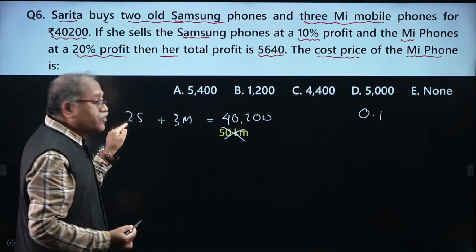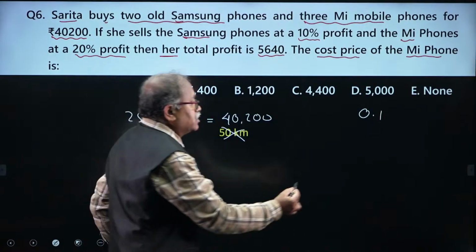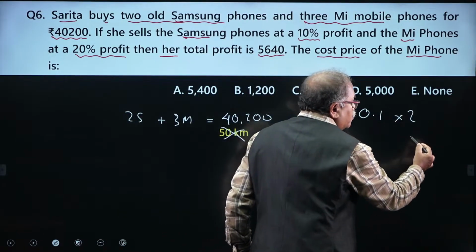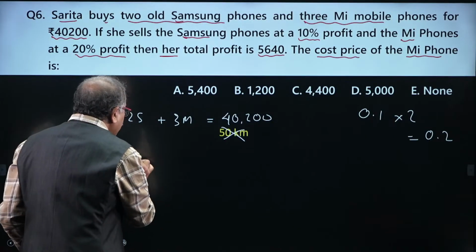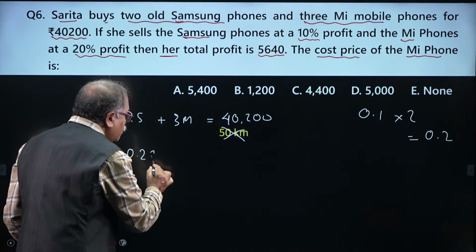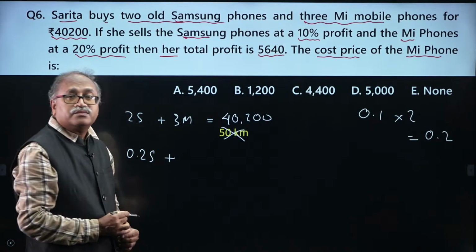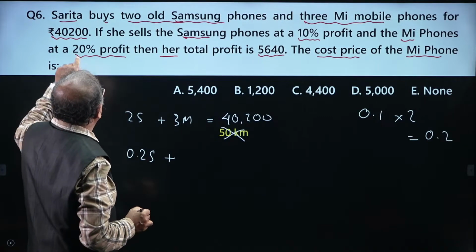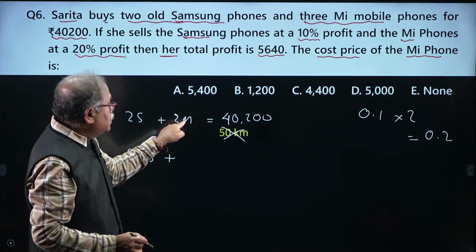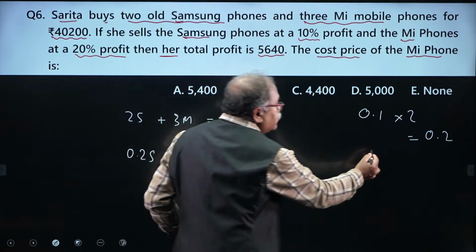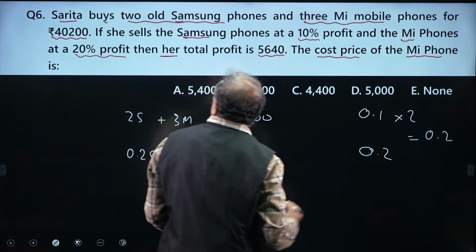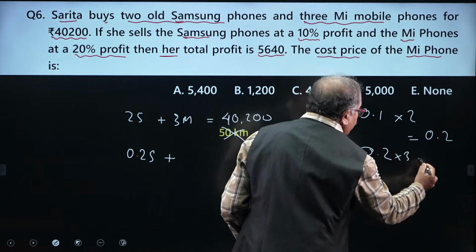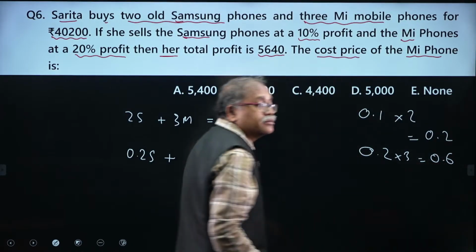How many Samsung phones are there? 2 Samsung phones are there. When I multiply this by 2, I will be getting 0.2. So, we have another equation: 0.2s plus that MI phone 20% profit. So, if in one phone 20% profit is 0.2, then in 3 phones it should be 0.6.